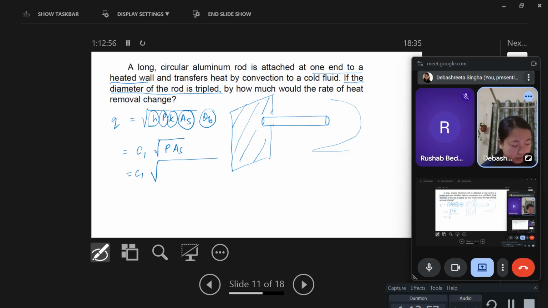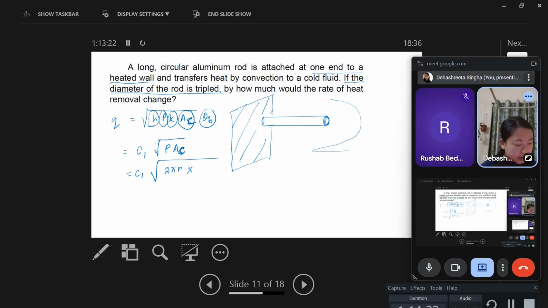So Q equals C1 root over perimeter, which is given by pi d or 2 pi r, you can simply write pi d also, times A_s. This is the cross sectional area you have to take, not the surface area.